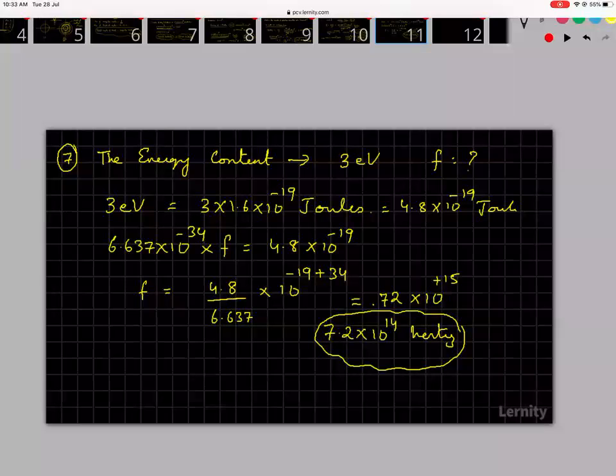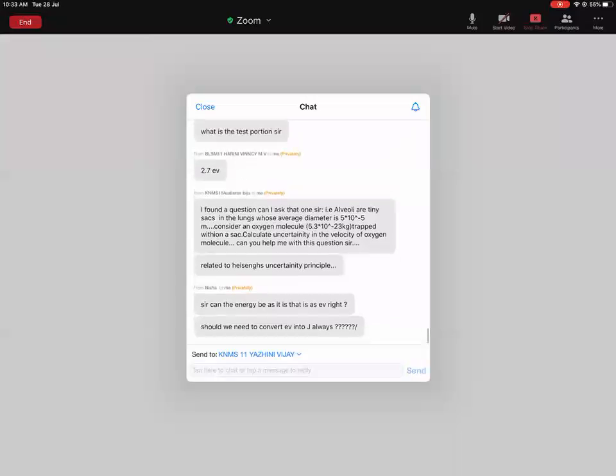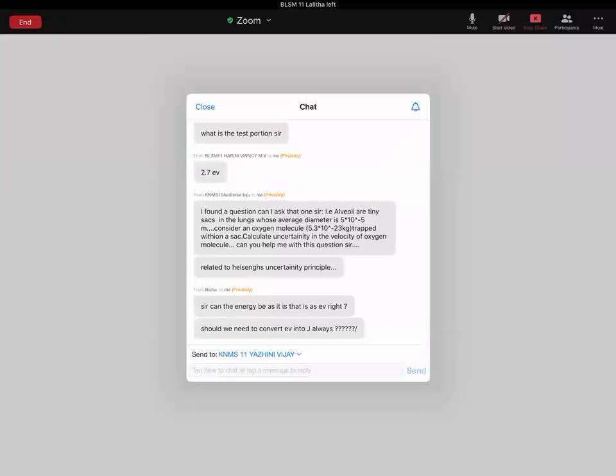Okay, so if this is done, let me find out. Yes, always you have to convert electron volt to joules and then start working.